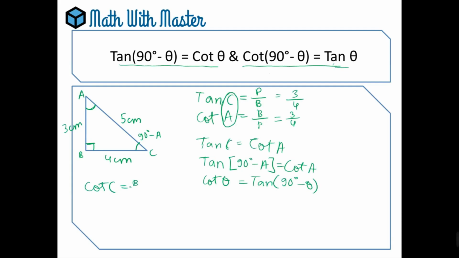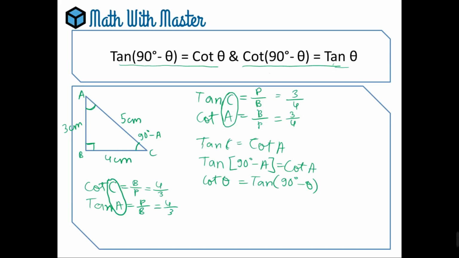Cot C is base upon perpendicular. The value of cot C is 4 by 3. And what is the value of tan A? Perpendicular upon base. It is also 4 by 3 because the angles here are complementary.